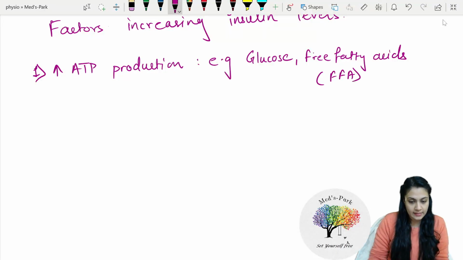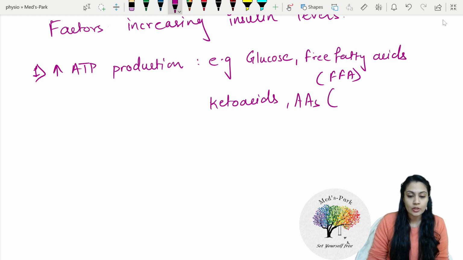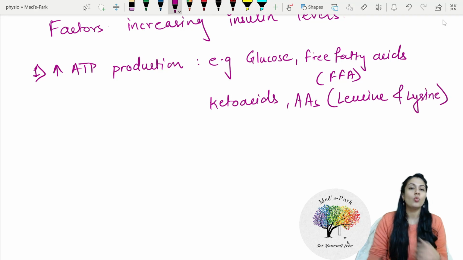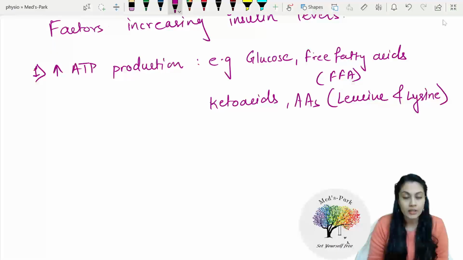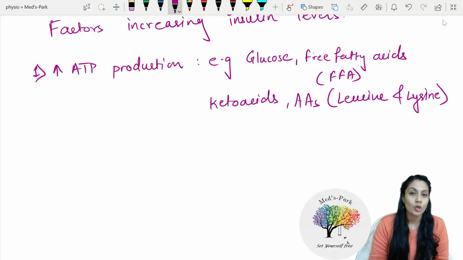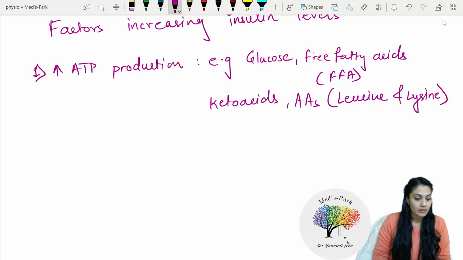Not only that, keto acids can also increase the ATP. Keto acids, amino acids, I'll just write AA over here, especially leucine and lysine. They increase the ATP production a lot and increase the insulin release a lot by stimulating the beta cell of the pancreas.